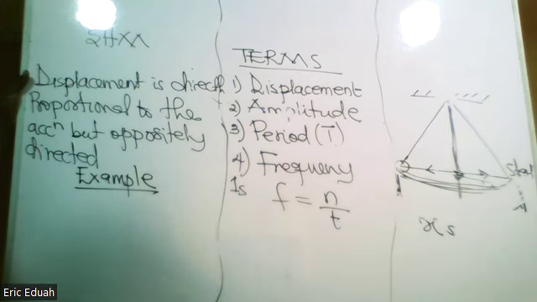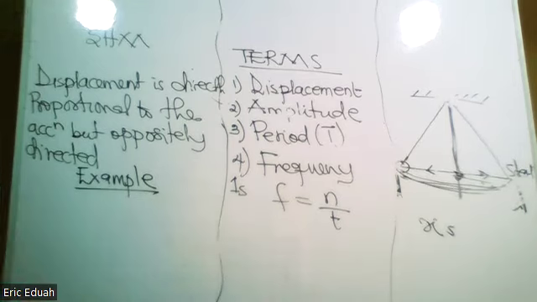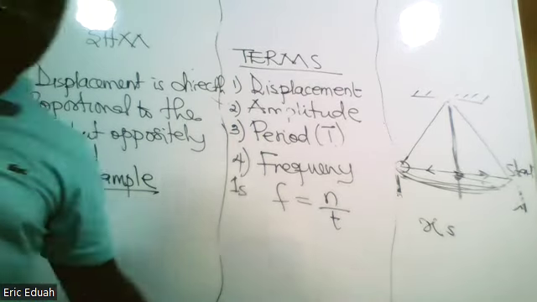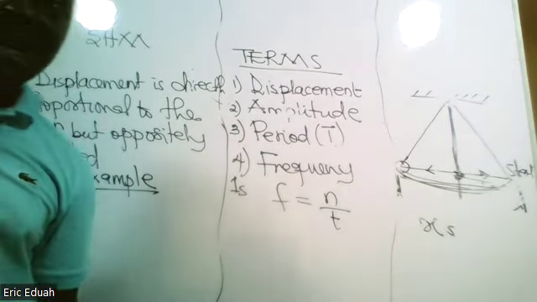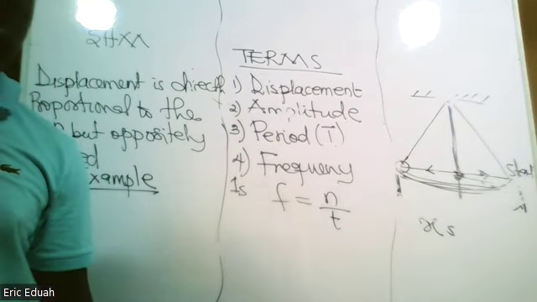The number of complete oscillations an oscillating body can make within a second is what we describe as frequency. And the derived unit of frequency is per second, and then the SI unit is hertz.